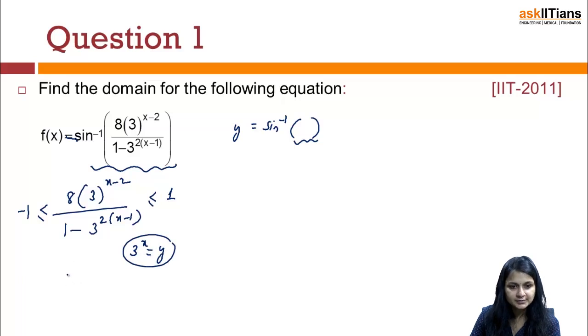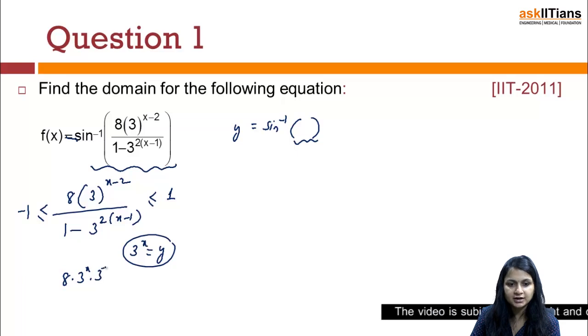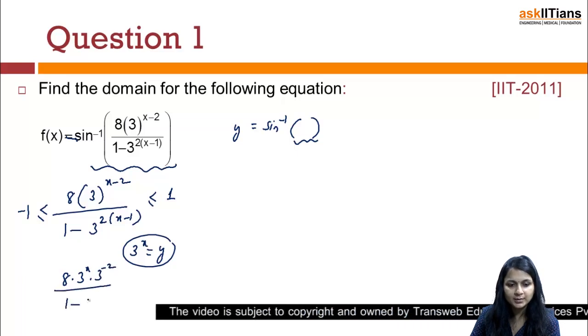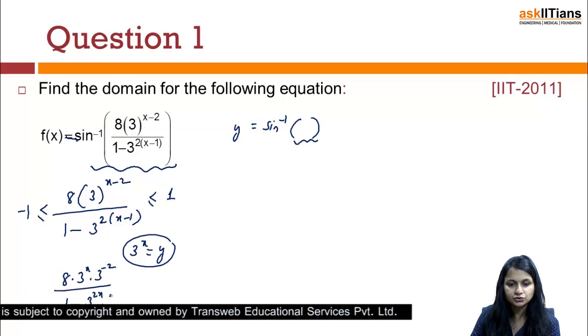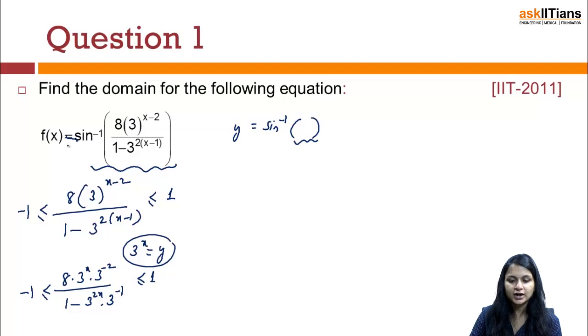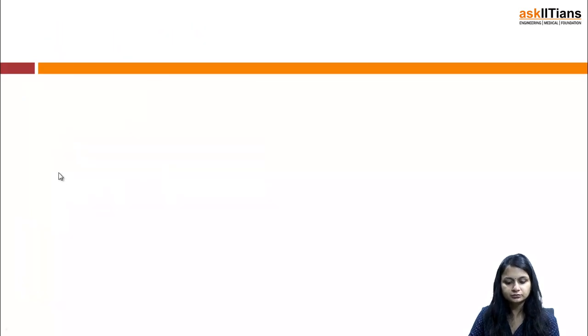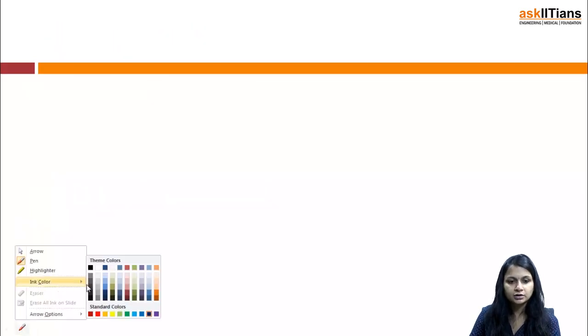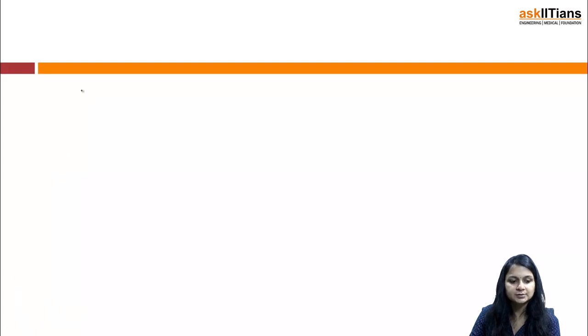This becomes 8 into 3 raised to the power x into 3 raised to the power minus 2, upon 1 minus 3 raised to the power 2x into 3 raised to the power minus 1, lying between -1 and 1. So 3 raised to the power x is y, and 3 raised to the power minus 2 is 1 upon 9.